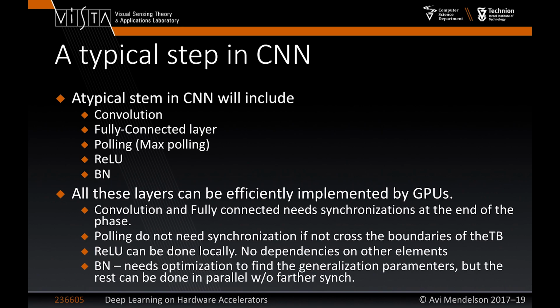Batch normalization is a little bit more tricky, because sometimes we need to get some averages before we start, so we need to have some preparation. Again, I didn't see where, but I'm sure that people are doing it.